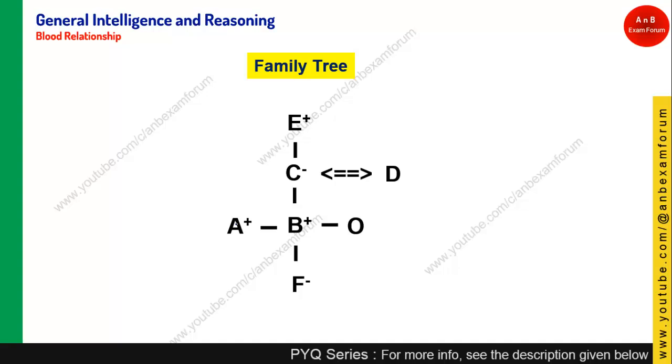Here A, B, C, D, E, F, O, all these are persons. There are certain symbols which we are using: first characters, then some plus, some minus, some horizontal lines, vertical lines, and O. And some characters don't have any symbols.